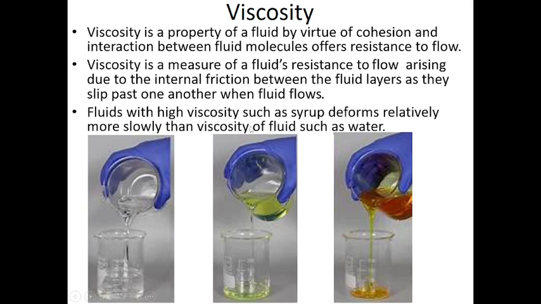Fluids with high viscosity, such as syrup, deform relatively more slowly than fluids of low viscosity, such as water. If we compare the three, let's say this is honey, it deforms relatively more slowly than fluids such as water.